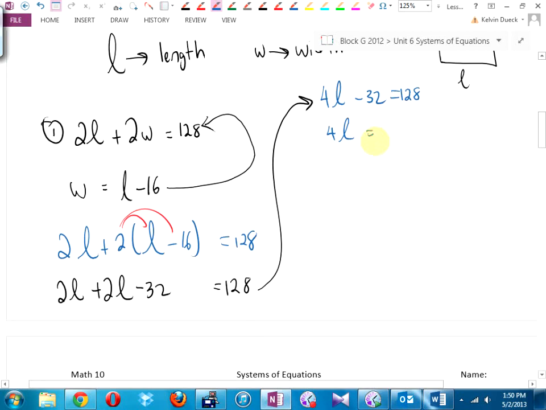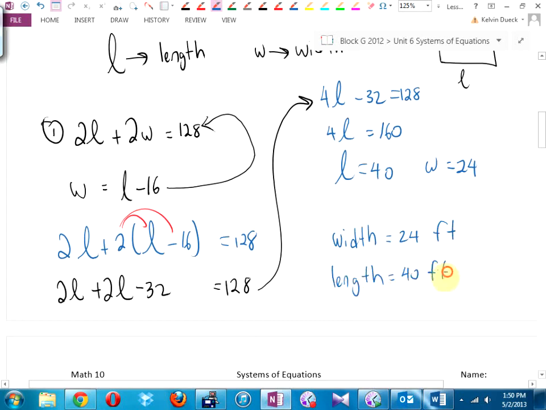Add 32 to both sides, 100 and... Oh, hey, I like this. Am I right?